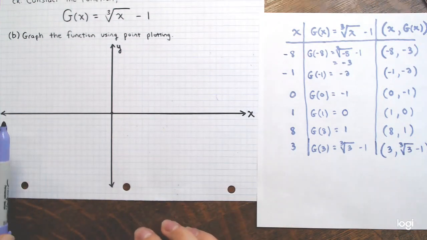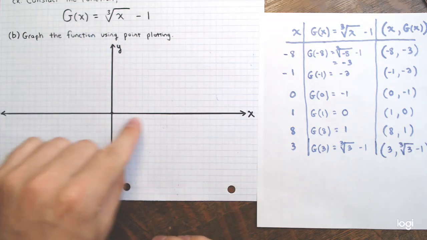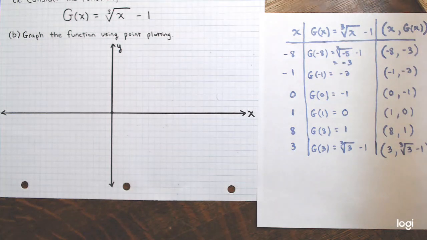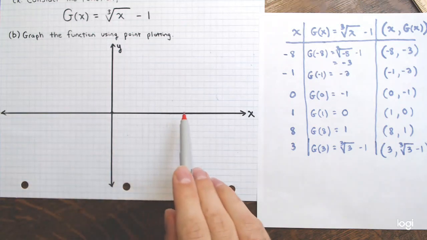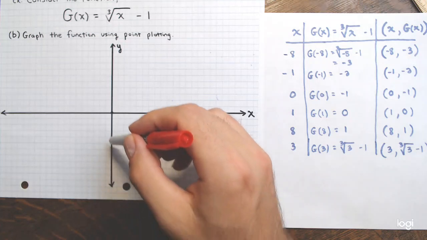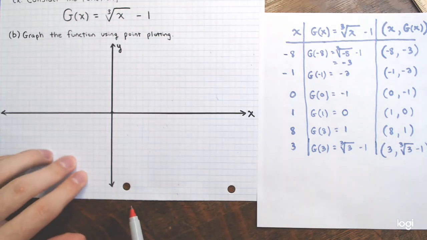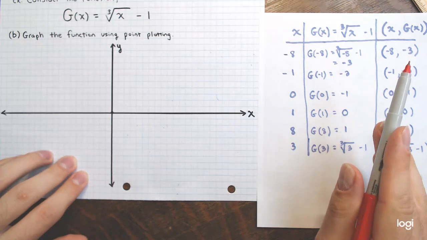Alright, so as I've mentioned, I've already got my x-axis and y-axis drawn, input axis, output axis. I would like to be consistent here. I'm going to have every square on the horizontal axis represent 1 unit. And I'm also going to do that for the y-axis, the vertical axis, have every square represent 1 unit. Alright, so the first point is -8 for the input, -3 for the output.